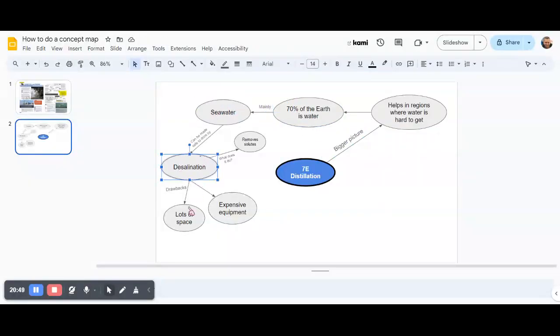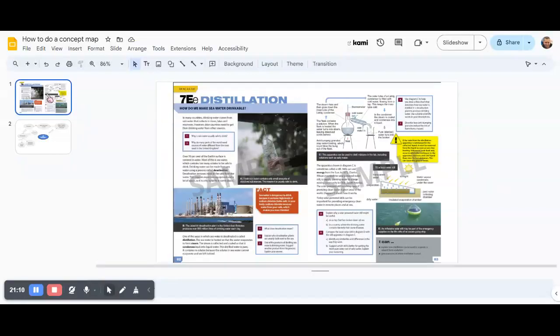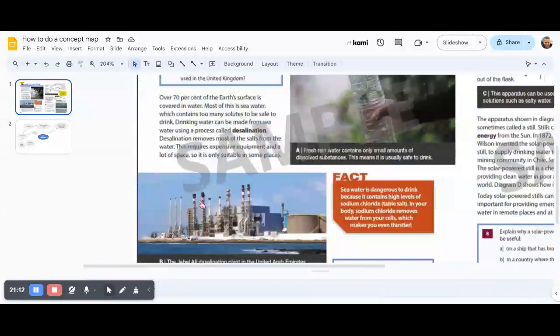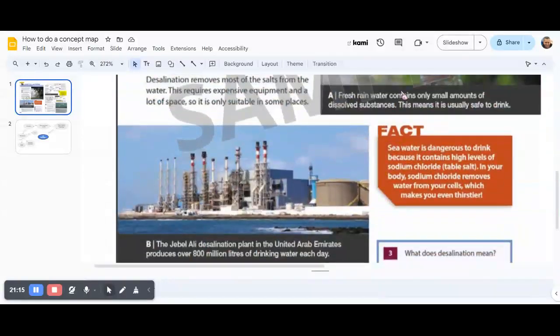It can be made safe to drink by desalination, but the drawbacks are lots of space and expensive equipment. And by the way, what does desalination do? Desalination removes solutes. So I'm fairly pleased with that. I'm quite happy with how the concept map is getting along. Now we can move on to the next bit.